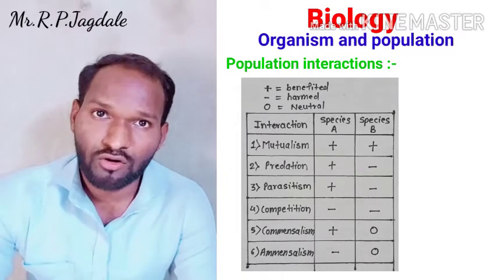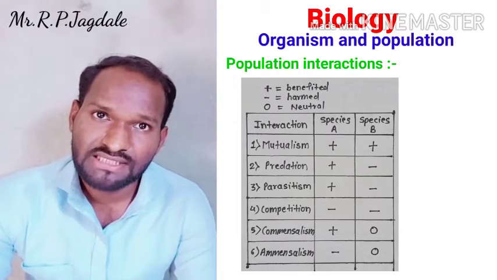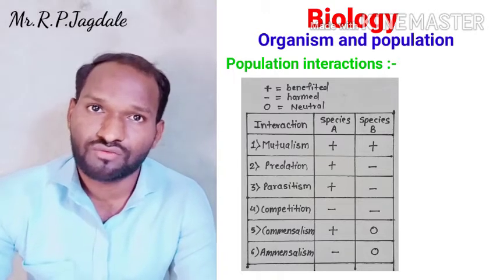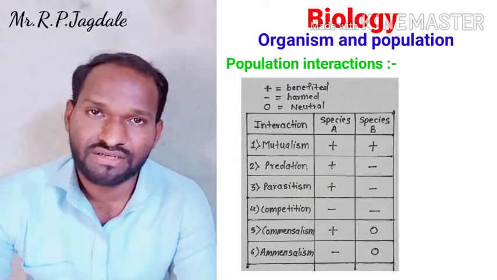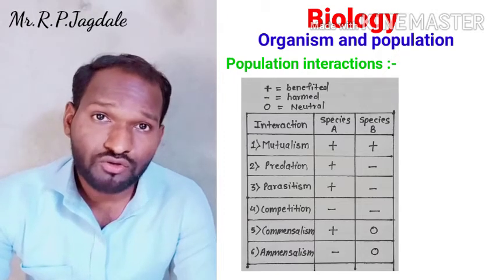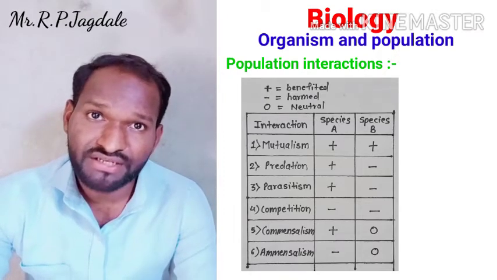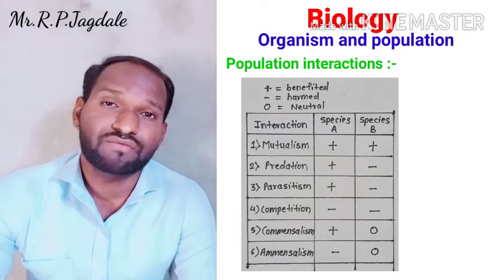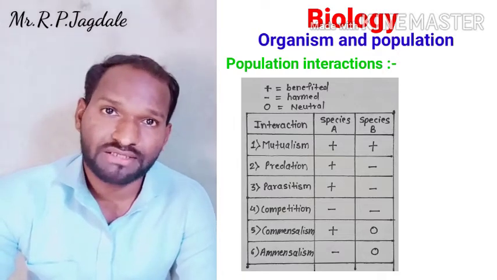This is a summary of the interactions, showing which species is benefited and which is harmed. According to this, the types of interactions are divided majorly into 4 parts.